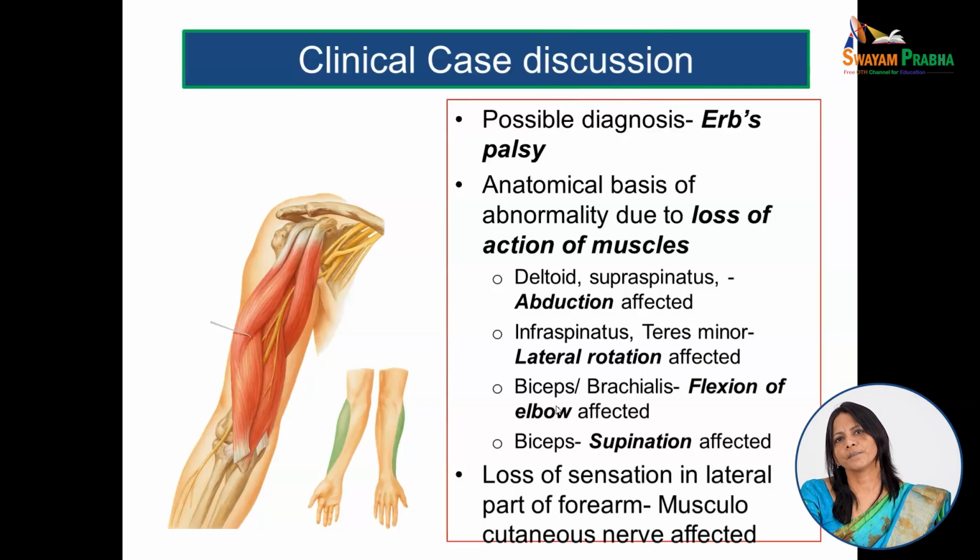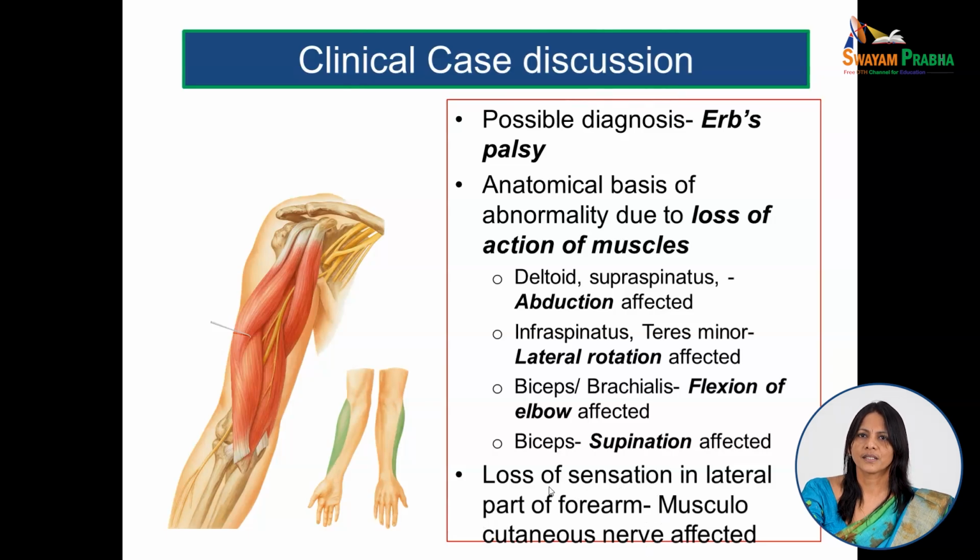And the musculocutaneous nerve, which is innervated by 5, 6, 7, supplying the biceps and the brachialis, which are the main flexors of the elbow, are affected, thereby causing an extended elbow. The biceps, in addition, is also a powerful supinator, so the forearm is in a pronated position.